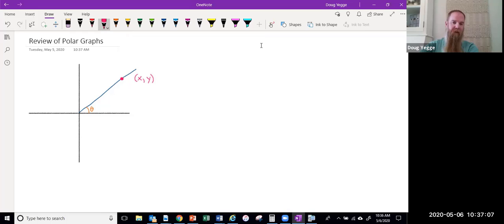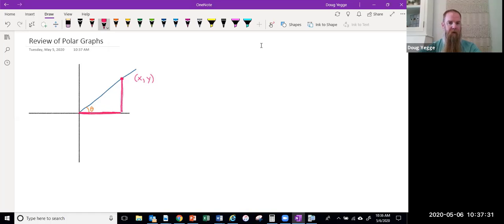That would imply that I would have to travel horizontally until I get right underneath that point. Once I get there, I'd have to travel vertically to get to the point in question.